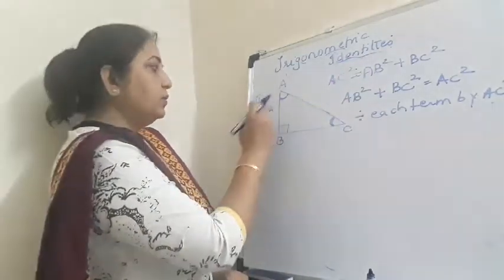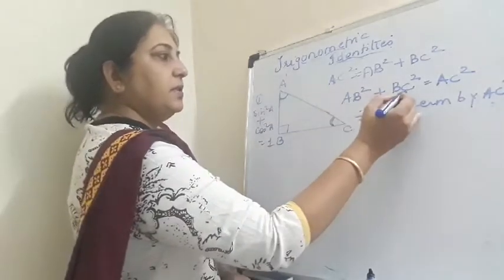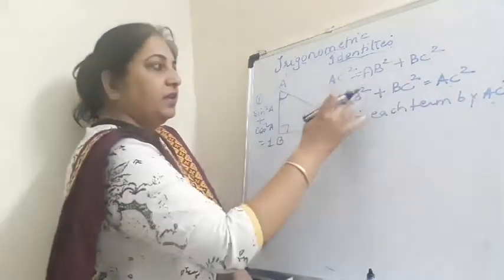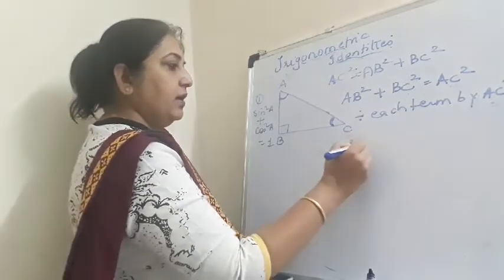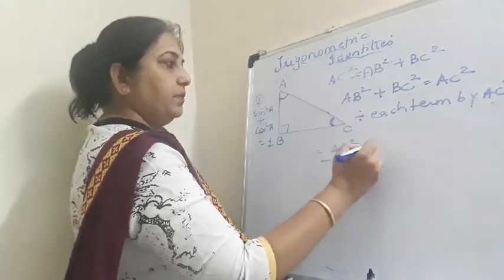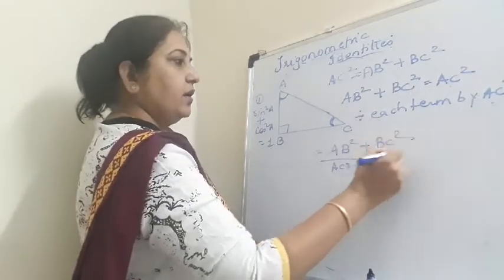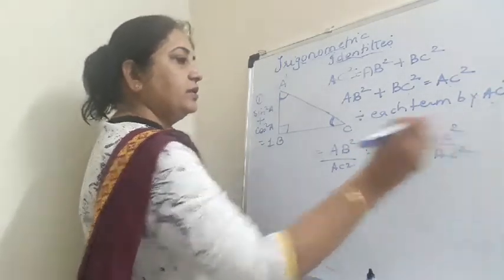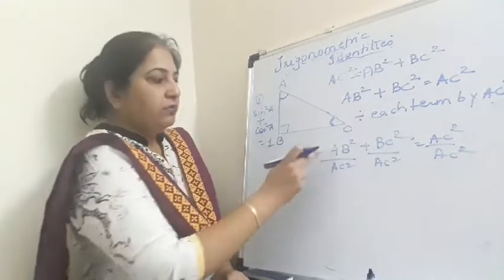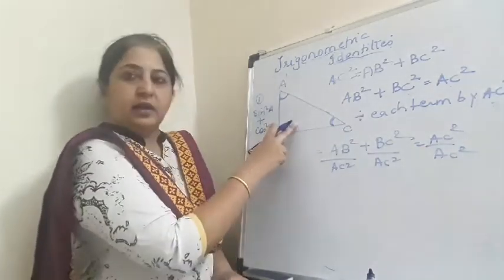So we begin with the first one. AB square plus BC square is equal to AC square, and we divide each term by AC square. I get AB square upon AC square plus BC square upon AC square, which is equal to AC square upon AC square, right? Now you have to check these ratios with this triangle.